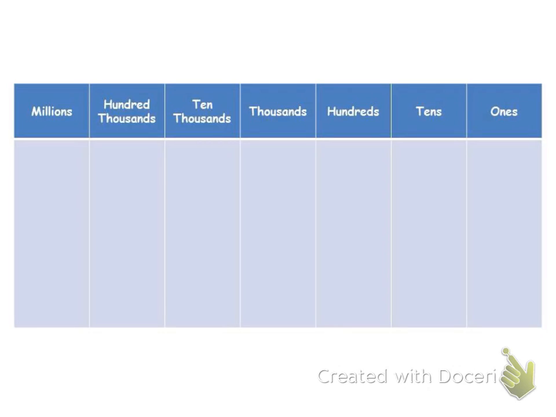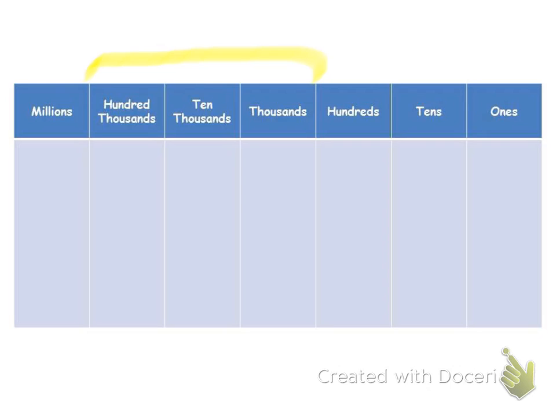Now, you see on the screen right now a place value chart. You notice that we have our ones, tens, hundreds, thousands, 10,000s, 100,000s, and millions. Now, I see some repeating words. I see a whole section right here that all has the word thousands in it.